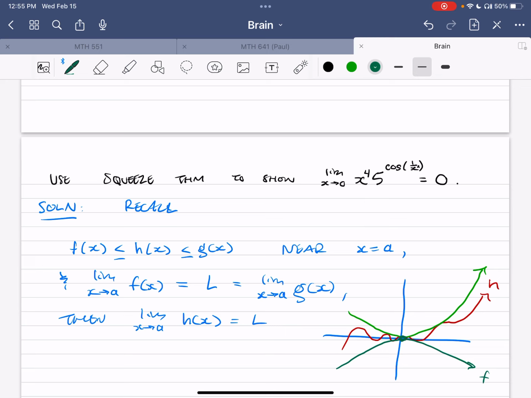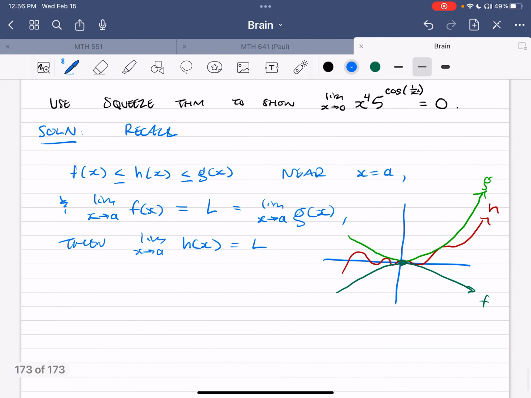This is f and this is g. Then, if the limit of g approaches the same number as the limit of f, then the limit of h approaches that number. All right, so the key for things like this is we usually want to get an upper bound and lower bound, and with trig functions, that's actually pretty easy.